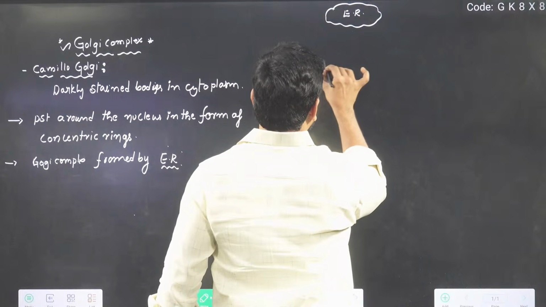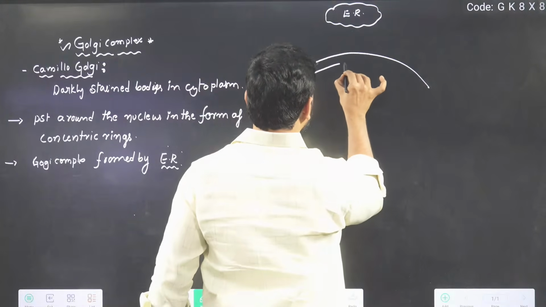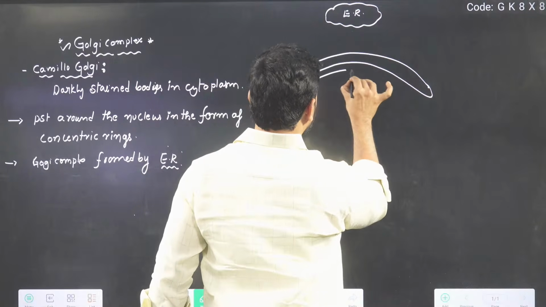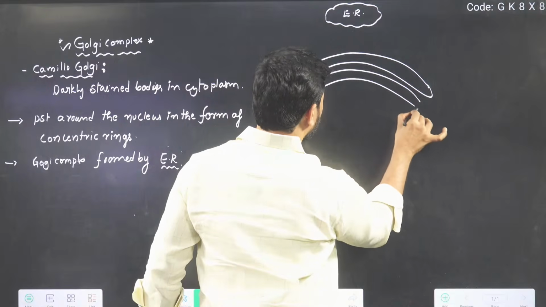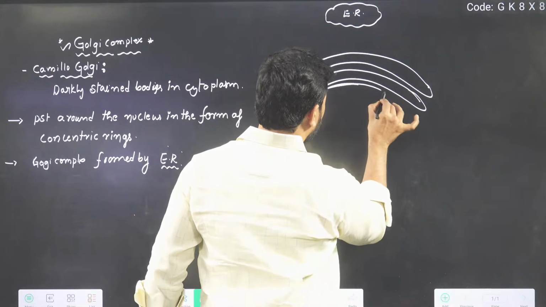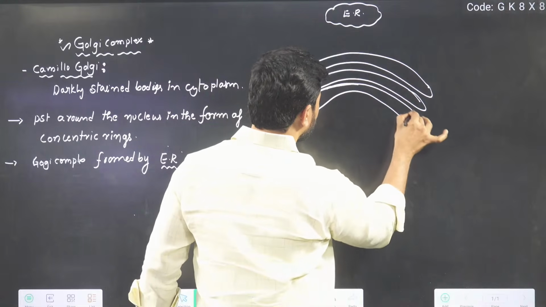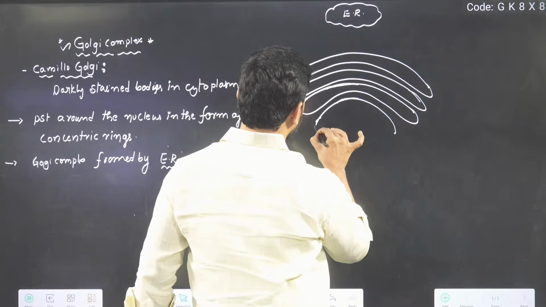Around the endoplasmic reticulum, the Golgi complex will develop like small tubes which are arranged like stockpiles. This arrangement has a special name called cisternae. What do you call them?